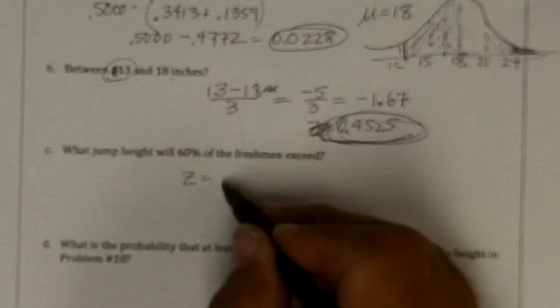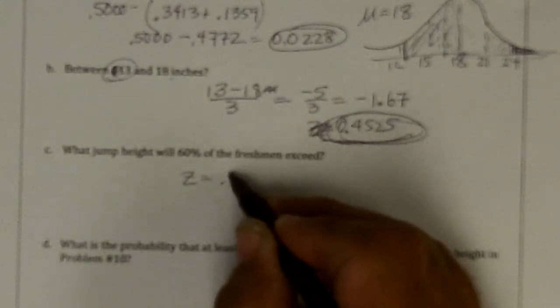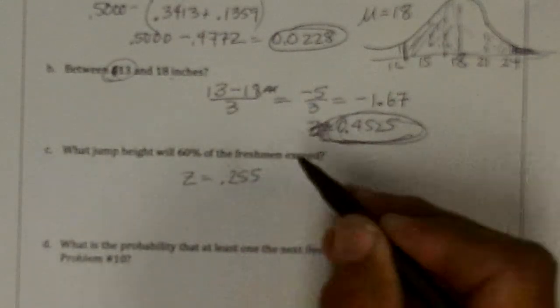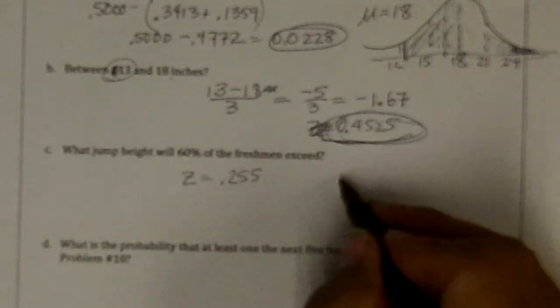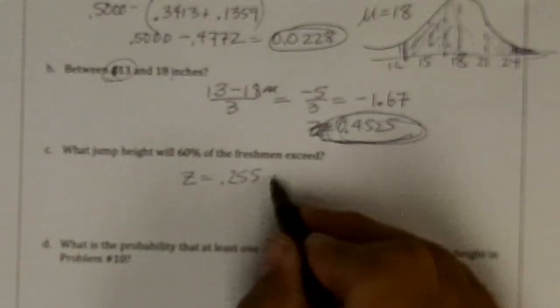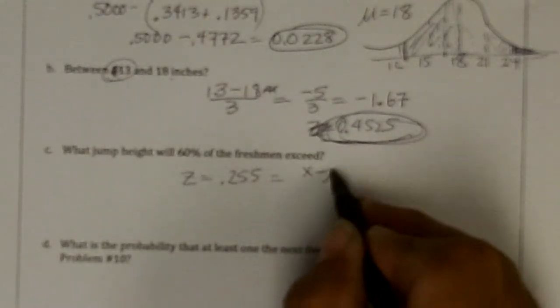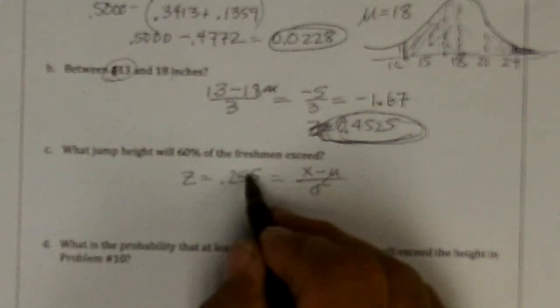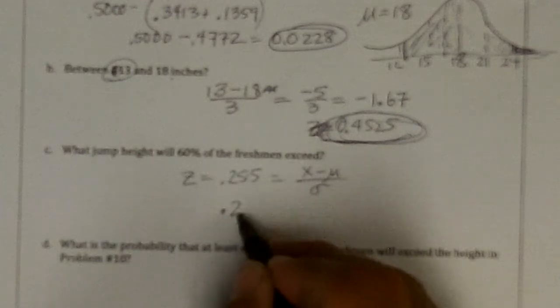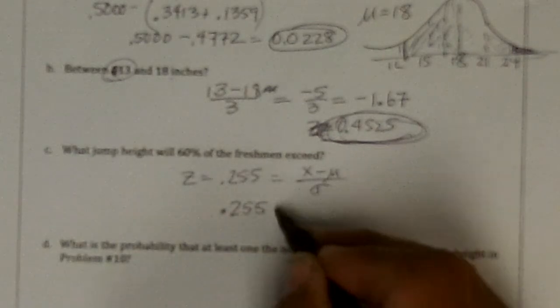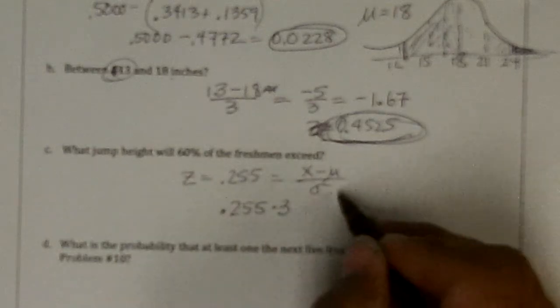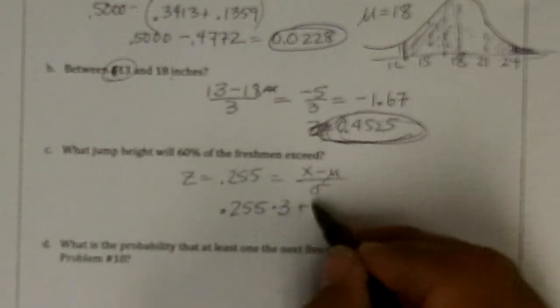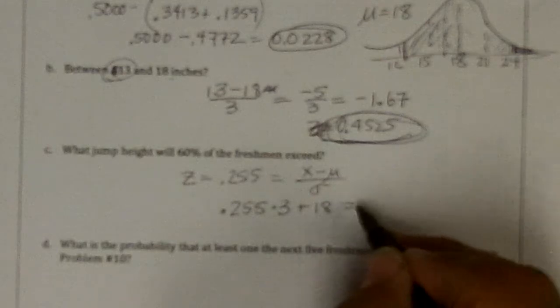That would create a z-score of 0.255, and if I set that equal to the raw score minus the mean over the standard deviation, I'll have to multiply by the standard deviation, so that's 0.255 times the standard deviation of 3 inches, then add the mean, which is 18.